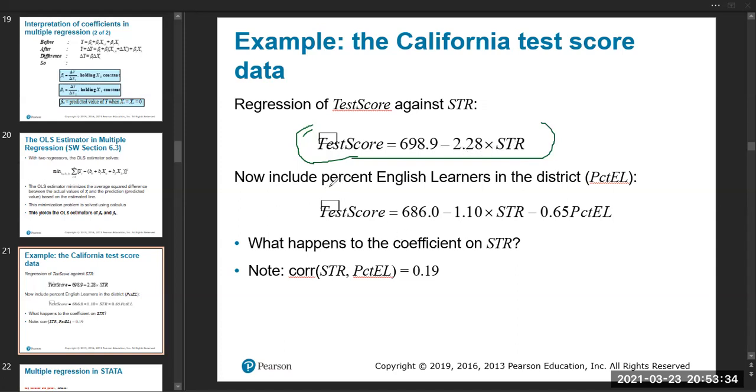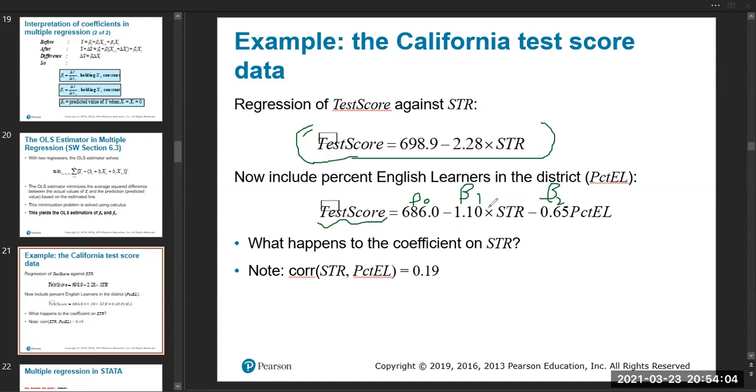Now, if we include percent English learners, then we get beta 0, which becomes 686. But beta 0 doesn't make sense because STR cannot be 0, right? And we have beta 1, which is minus 1.1, and beta 2, which is minus 0.65.